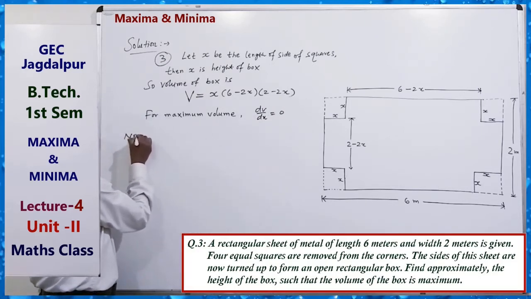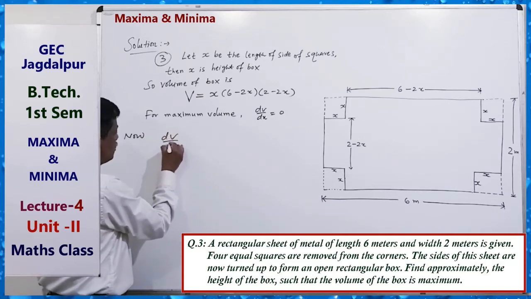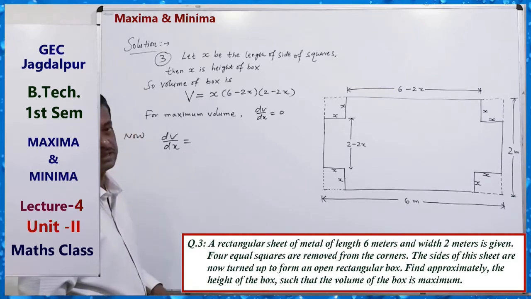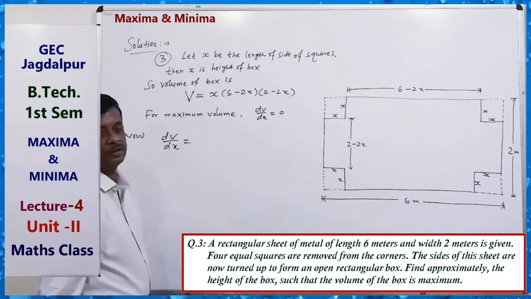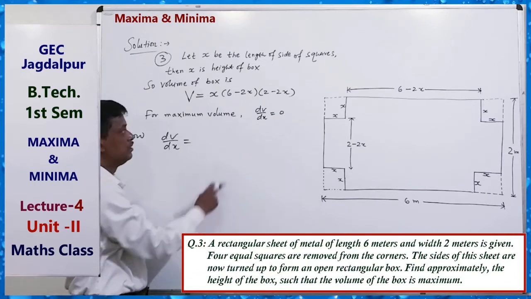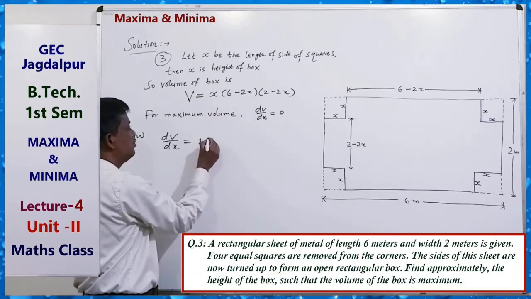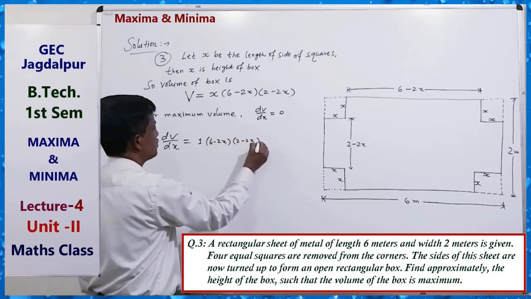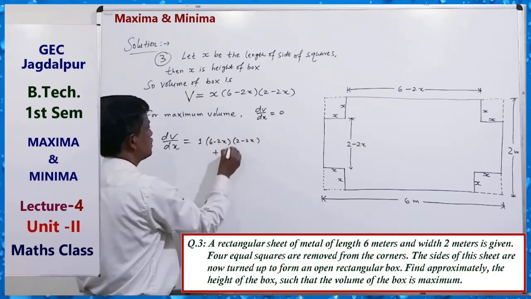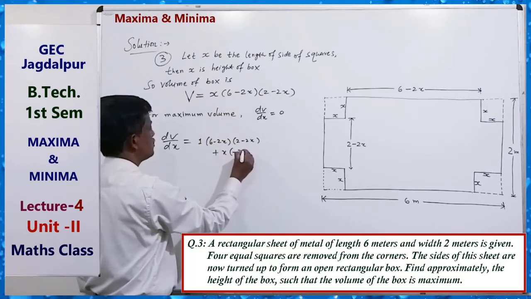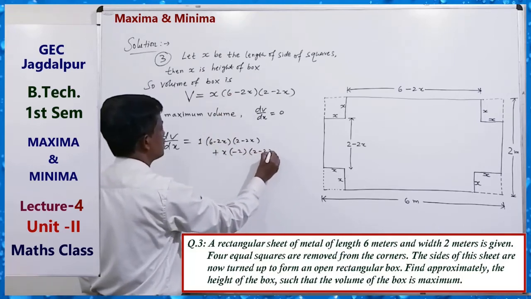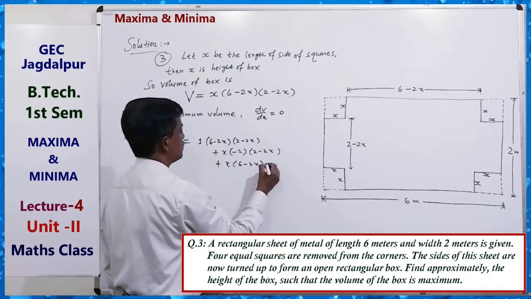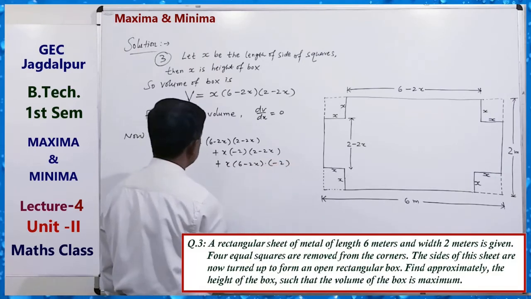Now just find dV by dx. So dV by dx, differentiate it: first function 1 into (6 minus 2x)(6 minus 2x), plus x, differentiate it, minus 2, into (6 minus 2x), plus x into (6 minus 2x) into minus 2.